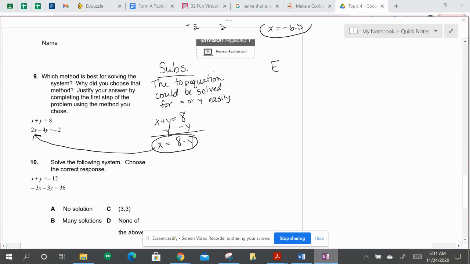And so if you said, I'm going to choose elimination, the reason you would say that is maybe both are in standard form. And you might also say, and an easy multiplication would get opposites.